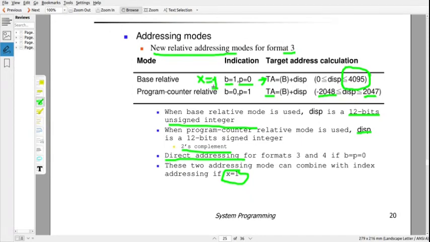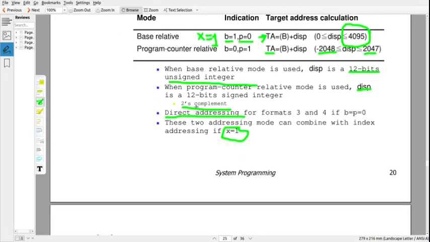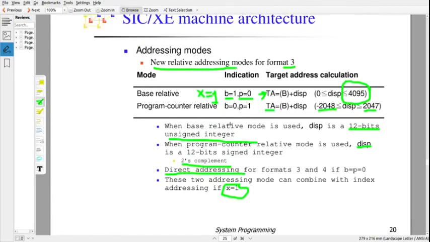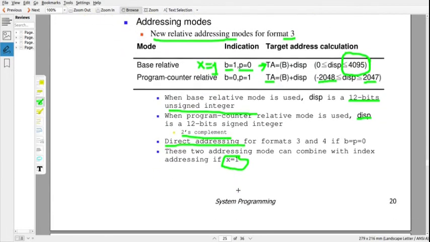If X is equal to 0, it is base relative addressing mode. Similarly, in the case of program counter relative mode, if X is equal to 1, it is program counter relative and index addressing mode. If X is equal to 0, it is program counter relative mode. So this is the meaning of B, P and X.